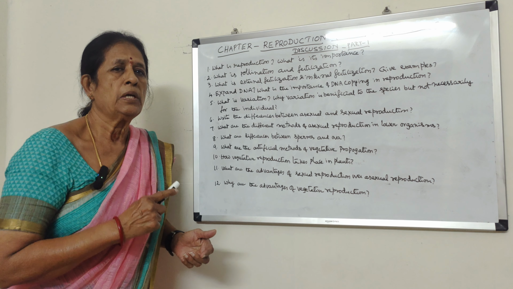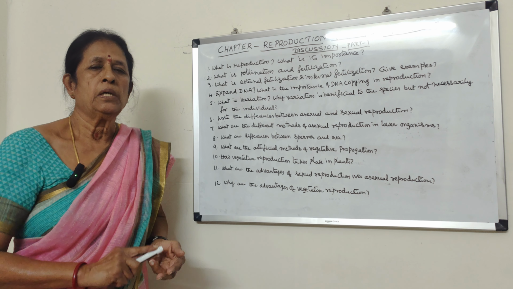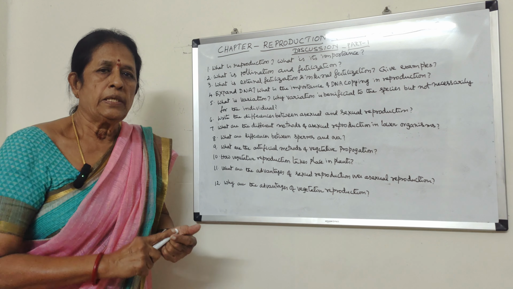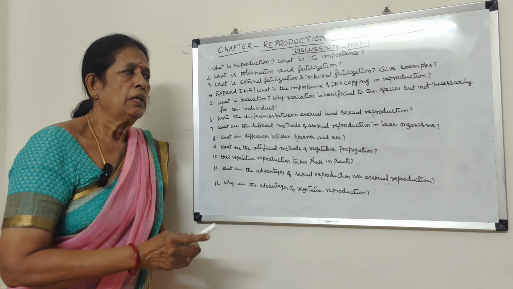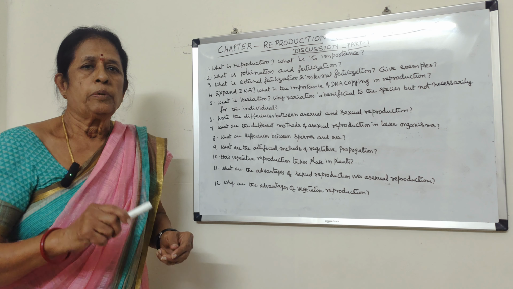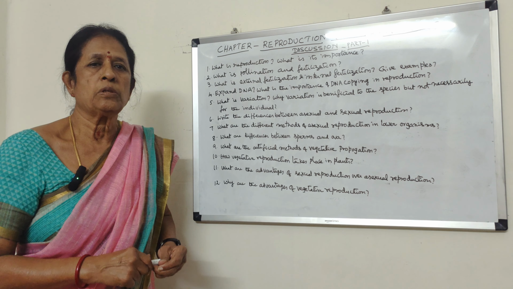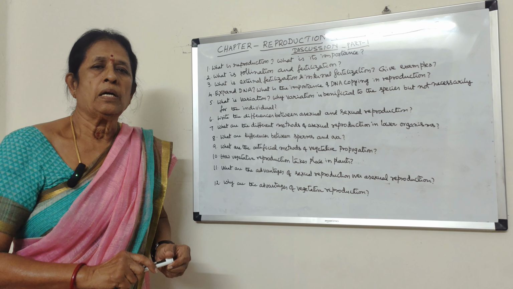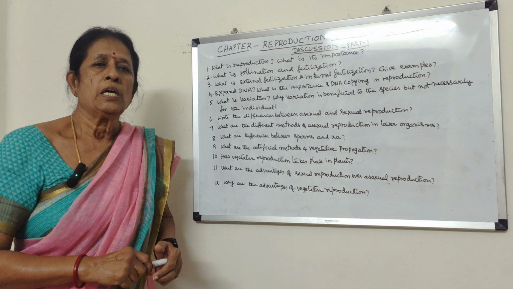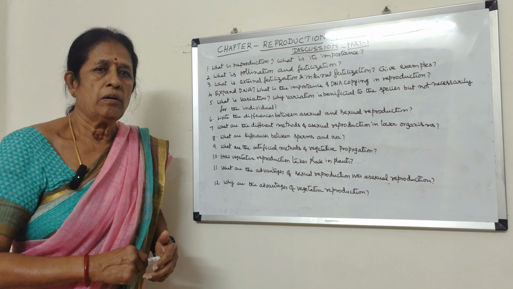Whereas in sexual reproduction, meiosis takes place during the formation of gametes. Next, fertilization takes place and a zygote is formed. In asexual reproduction, the progeny exactly resembles the parent, whereas in sexual reproduction, the offspring will have some characters of the male parent, some characters of the female parent, and some new characters can be seen, variations can be seen in the offspring.